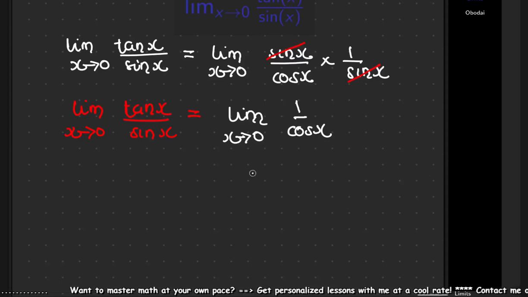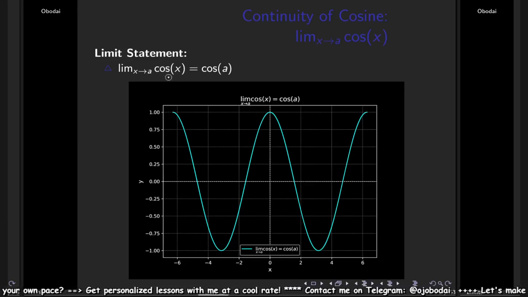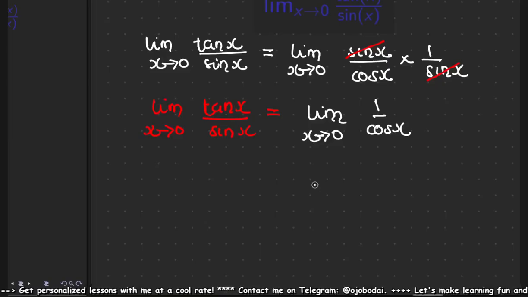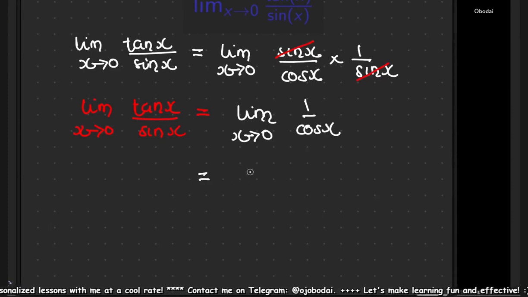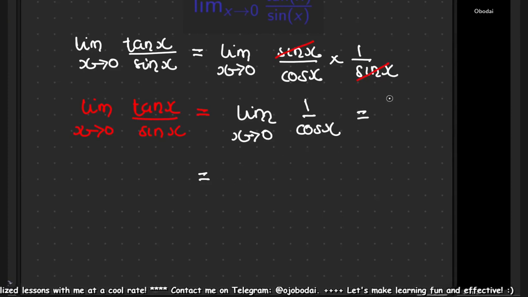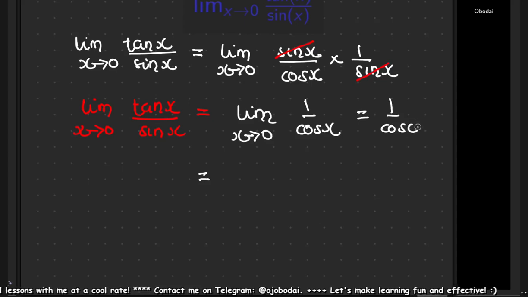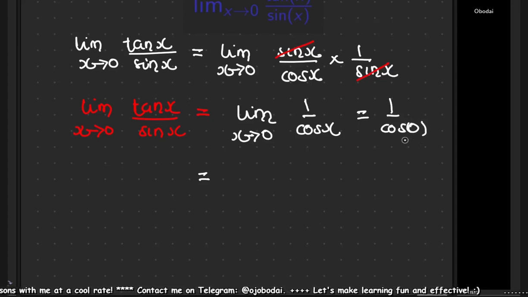Using direct substitution, remember from this diagram, the limit of cos of any value is just evaluating the value itself at that point. You see? So we are coming to apply that same idea here. So this here is going to be what? Using direct substitution, we have 1 over cos 0. And the cos of 0 gives us what? 1.